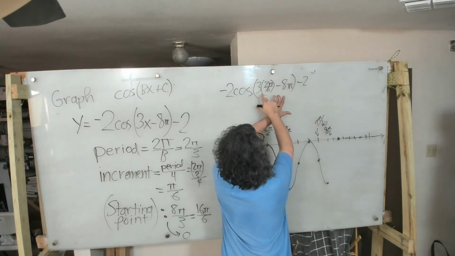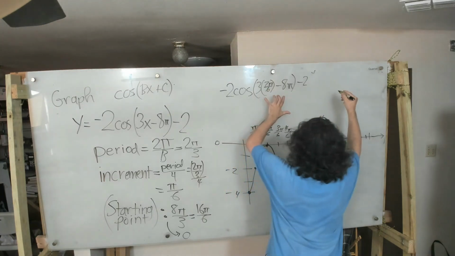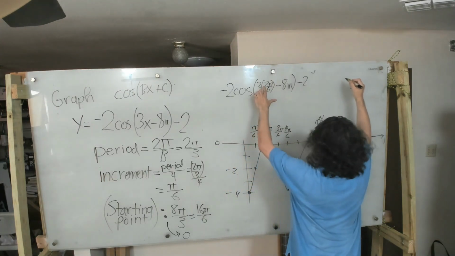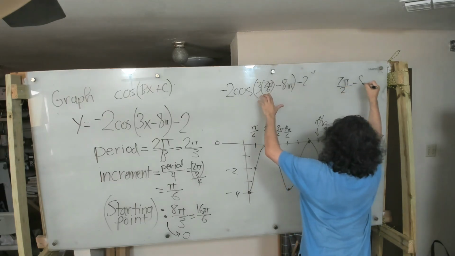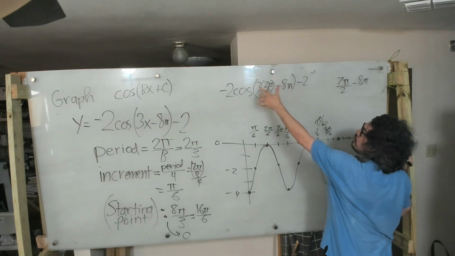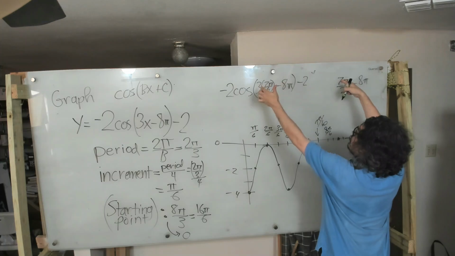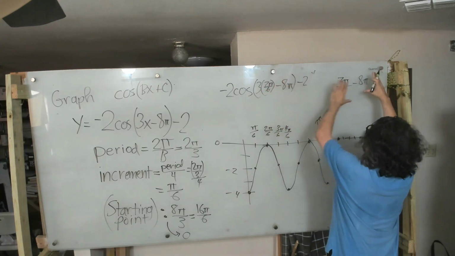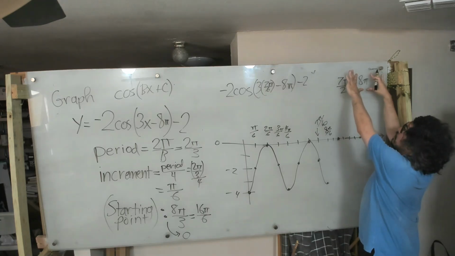You can see that this 3 and this 6, one of them will cancel, and that'll become 7 pi over 2 minus 8 pi. Notice I just simplified this part in the middle a little bit, right? The 3 divided by the 6 is the same as 1 over 2. So 1 times 7 will be the 7, and the 2 on the bottom. Now, I ask myself, what divided by 2 is 8? 16.